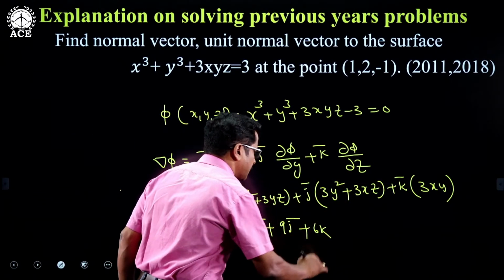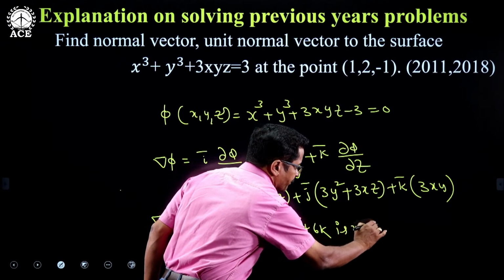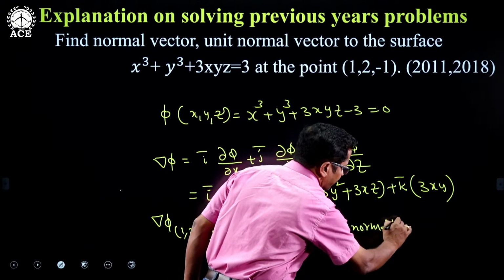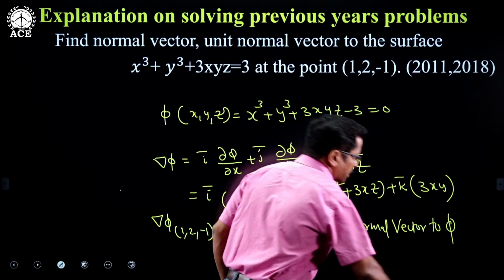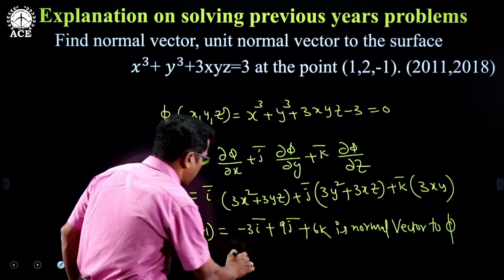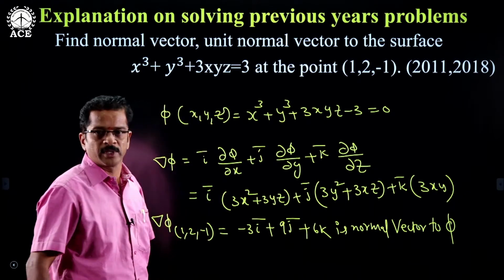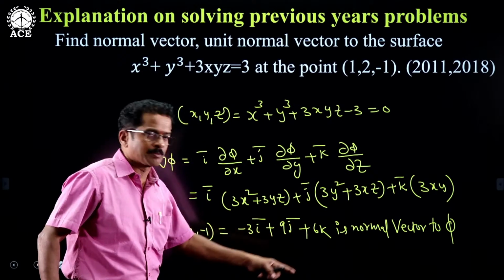This is the normal vector to the surface function phi at the point 1, 2, minus 1. At this point 1, 2, minus 1, this becomes the normal vector.